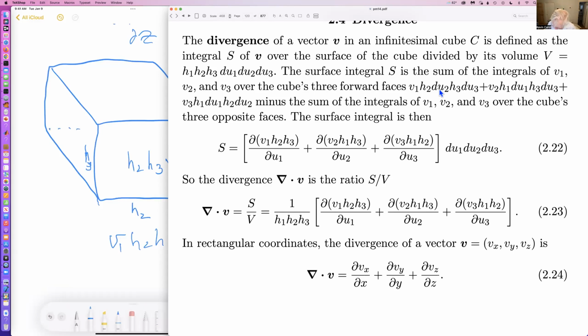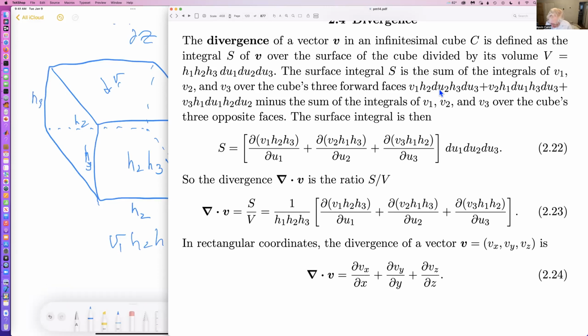But then we have to also consider the integral of V1 on the opposite face. V1 is still pointing this way here, and then you have, again, H2 and H3 here.